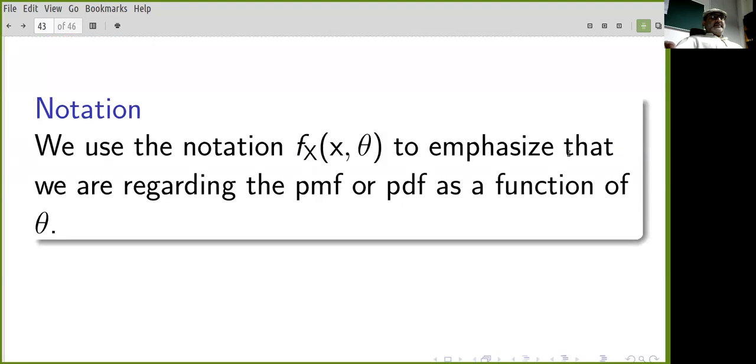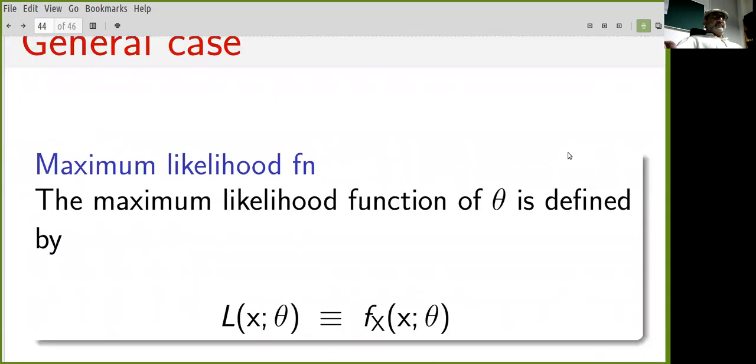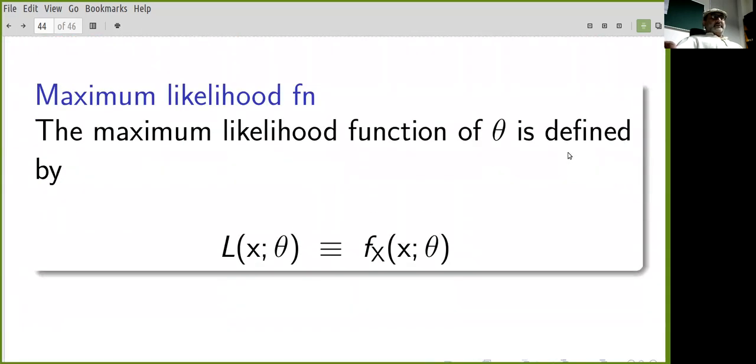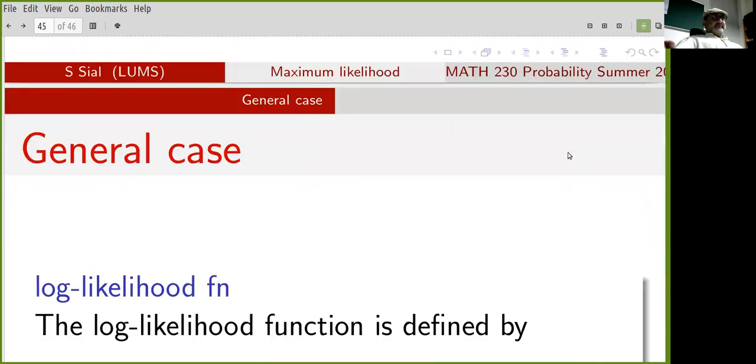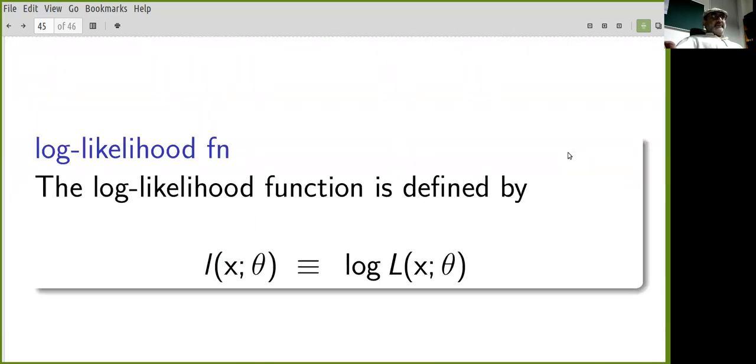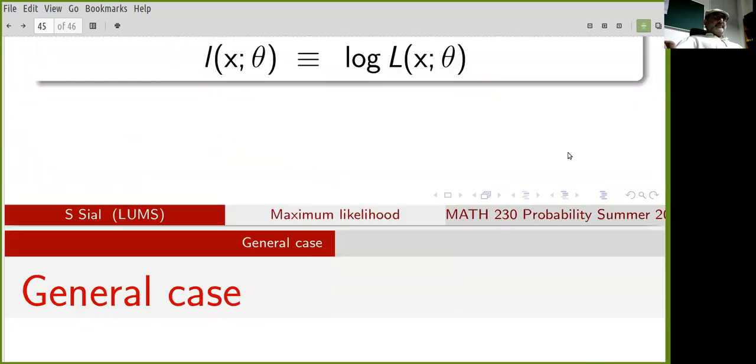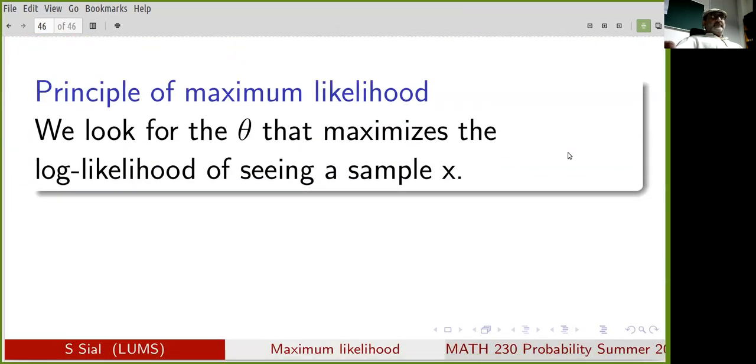So we use the notation f sub x of x, theta to emphasize that we are thinking of the PMF or the PDF as a function of the parameters in the vector theta. So the likelihood function is this f sub x, and we're thinking of it as a function of theta. We take the logarithm of that, that's the log likelihood function. And we look for the theta that maximizes the log likelihood of seeing that particular outcome that you had for x.